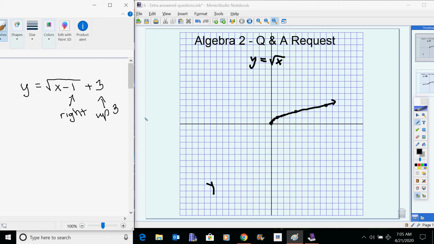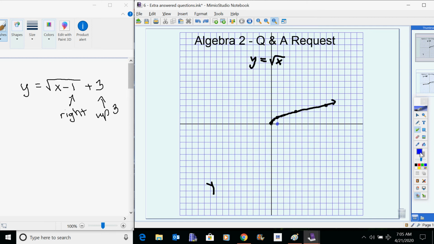So if I wanted to make this particular graph, the whole thing would lift. Let me go point by point, just so you can see what happens. The whole thing would shift right 1 and up 3. So this one actually shouldn't be there because I need to do both things to it.